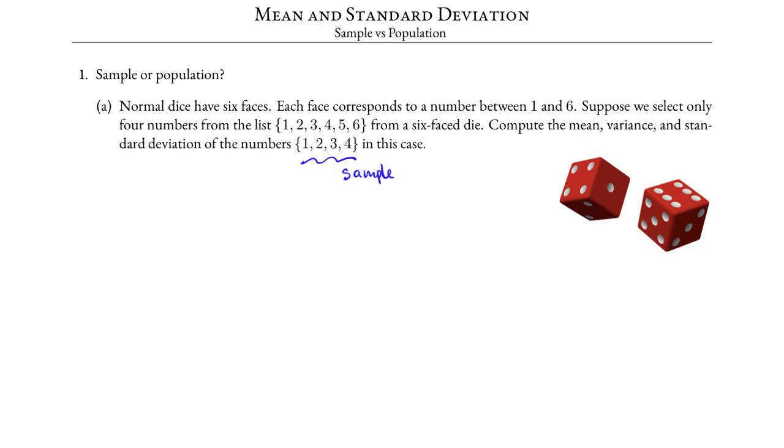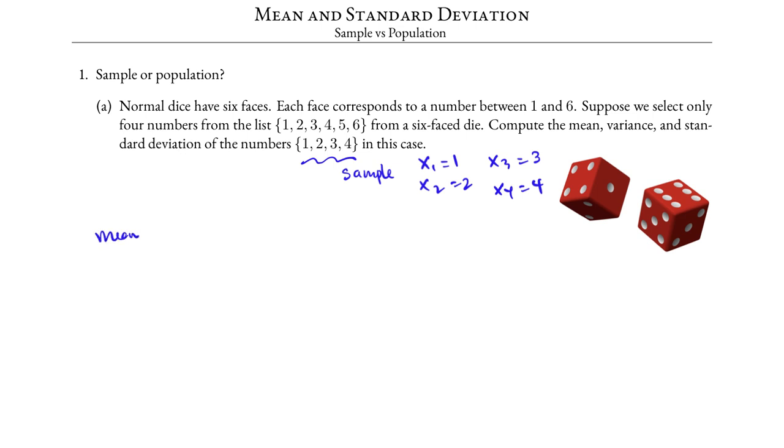And so we will compute the mean for the sample, the variance for the sample, and the standard deviation for the sample. There are 4 numbers in this list, and so x1 is 1, x2 is 2, x3 is 3, and x4 is 4. Those are the values from the sample.